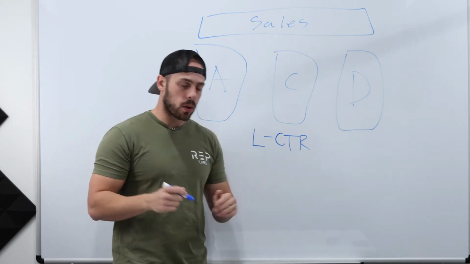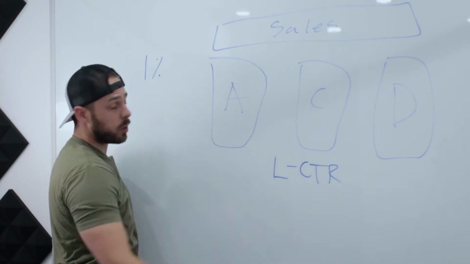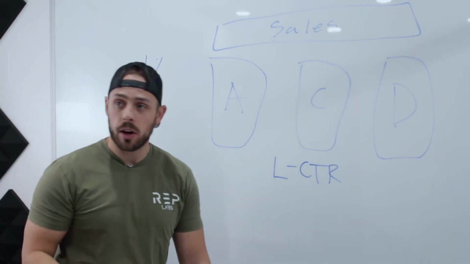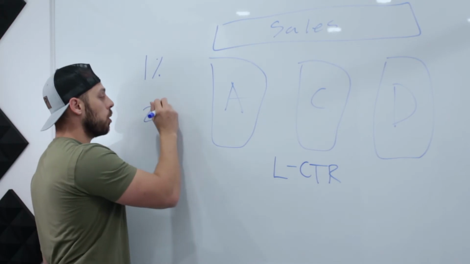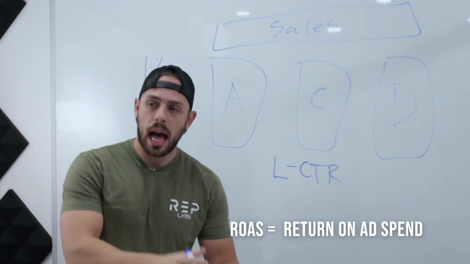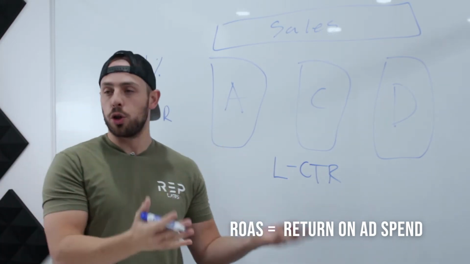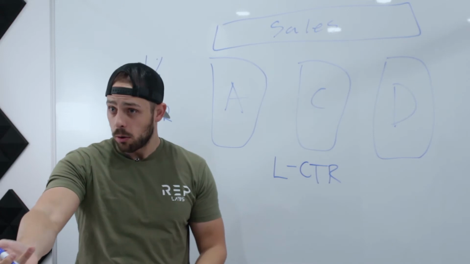Because think about it this way. You have a 1% link click-through rate, okay? That means 1% of the people who see your ads are getting to the website. And you're getting a 2 ROAS, return on ad spend. That means for every dollar you put in, how many dollars you're getting out. So a 2 ROAS would be you're putting $1 in, you're getting $2 out, okay?